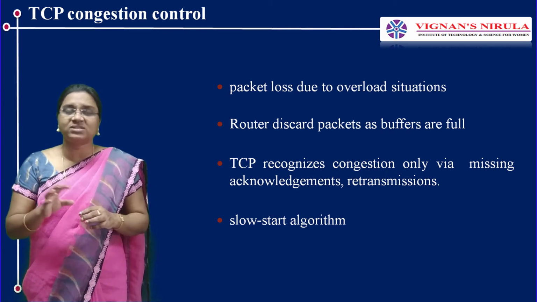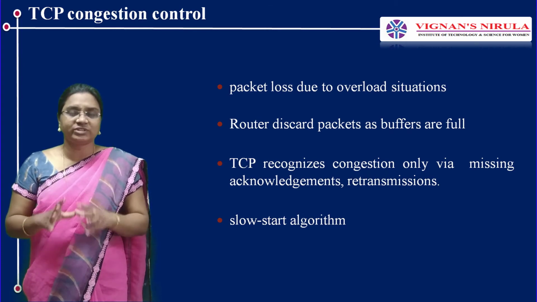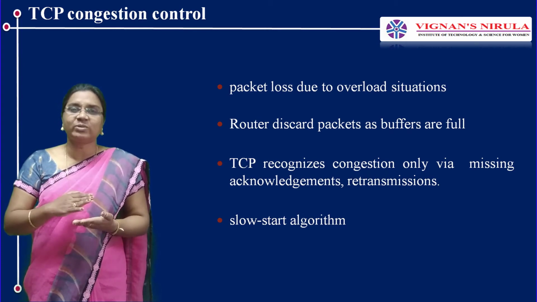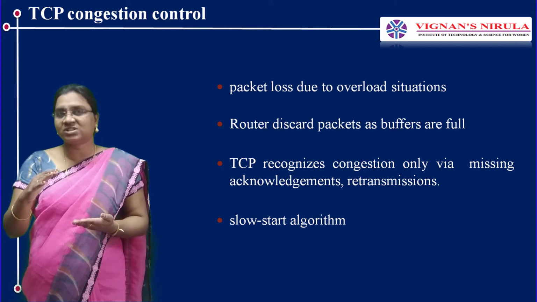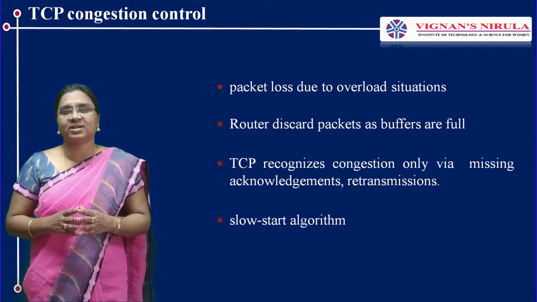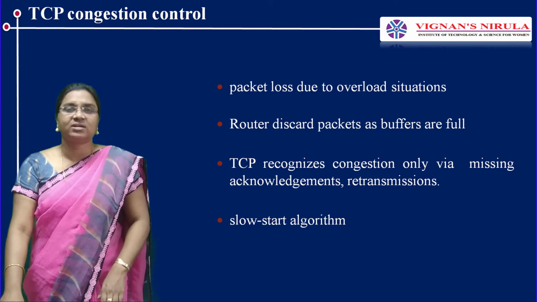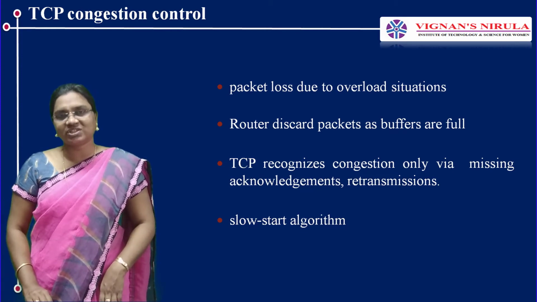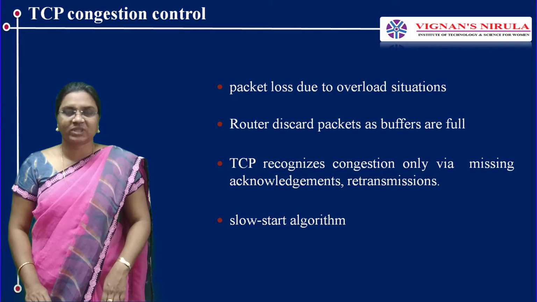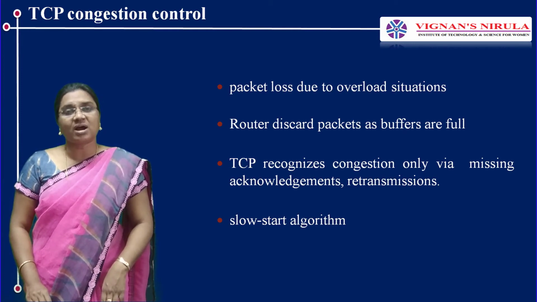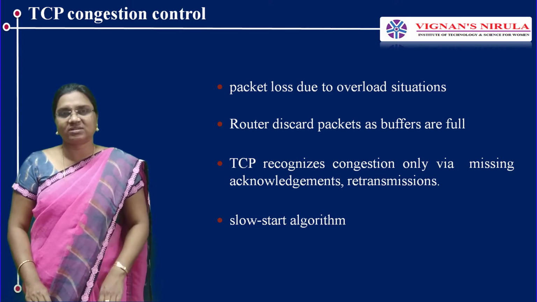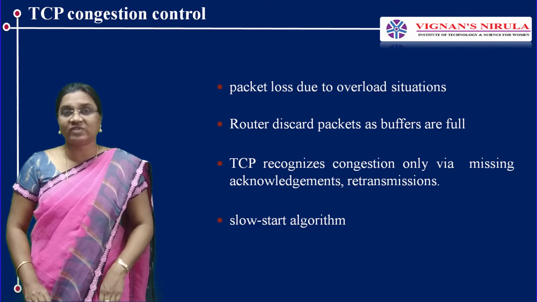That means it makes the congestion window equal to 0, and slowly starts increasing the window to find out whether the transmission is happening successfully in the network. So that is congestion, and this congestion is handled by TCP. Now, TCP congestion control: how TCP uses the slow start algorithm, we'll see that.